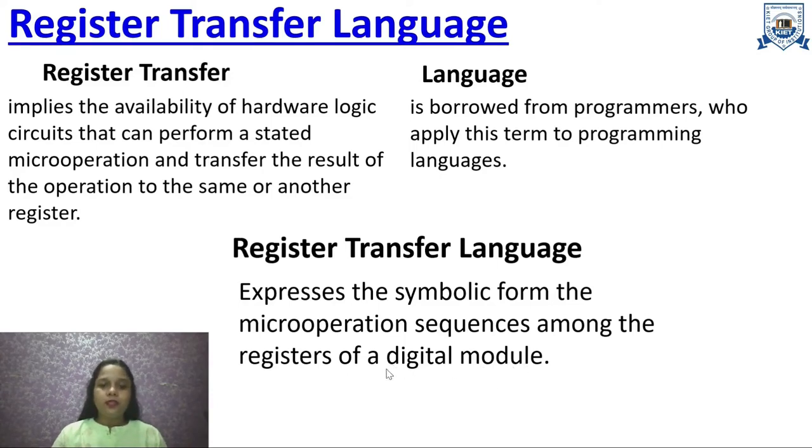Now, in a digital module, if we have two numbers in registers that we need to add or perform any operation on, for that we need to write some micro operation sequences, and those sequences will be written with the help of some symbols that we will study next. So this program will be termed register transfer language. Now let's see what these symbols are.